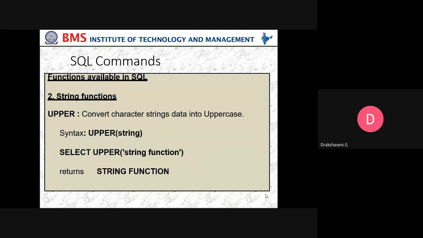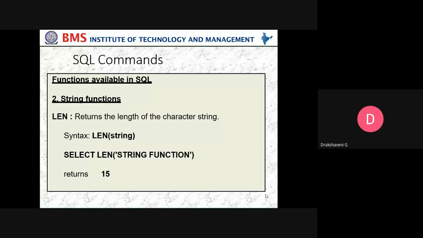That is upper and a string. So you can see the string, whatever is there, will be converted to capitals. So I want to know what is the length of the string. Length returns the length of the character string, that is length and the string. So I want to know the length of this string. It will return 50.